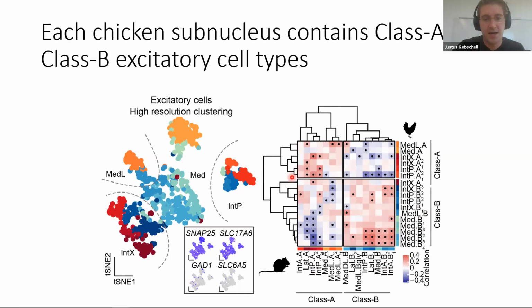When we look at where these cell types are with respect to our subnuclei in the chicken, we find that each of the chicken subnuclei also contains class A and class B neurons.